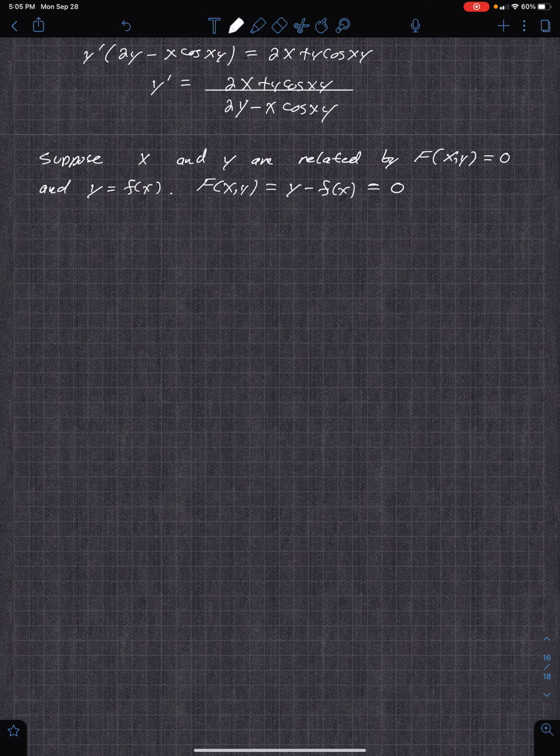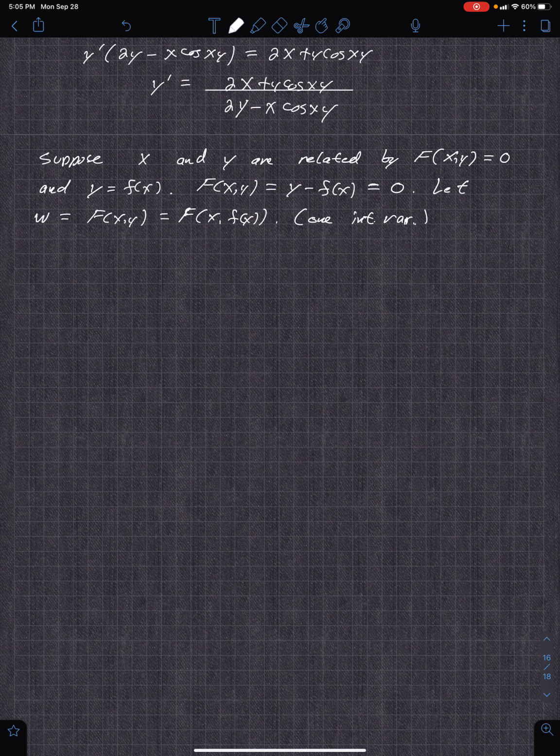And now we consider that. We're going to let w equal capital F of x, y, which is F of x, f of x. So now your independent variable is x, as we know. And we use partials on that, the first theorem. So this is the one independent variable case.